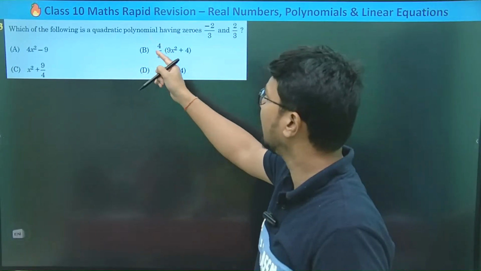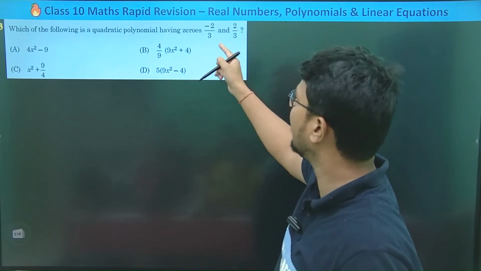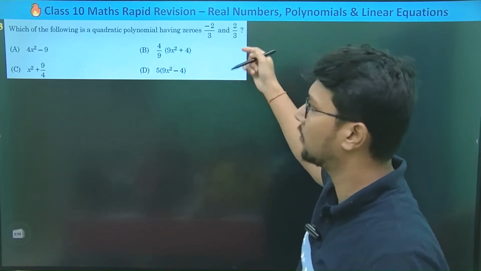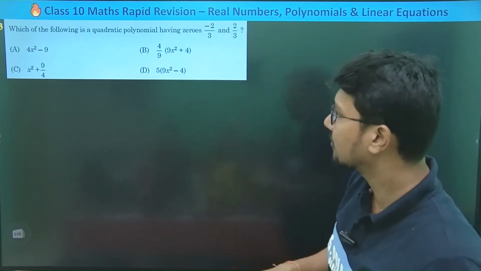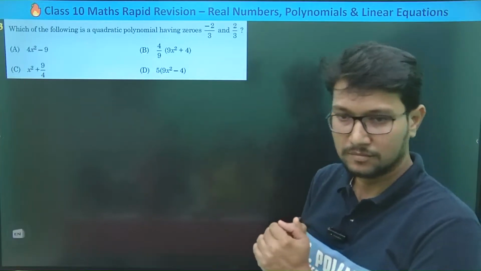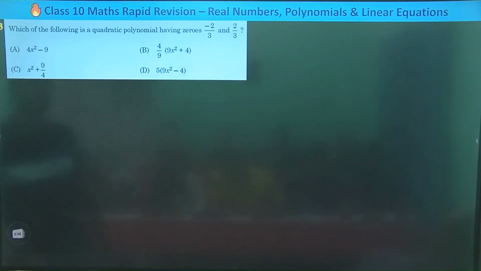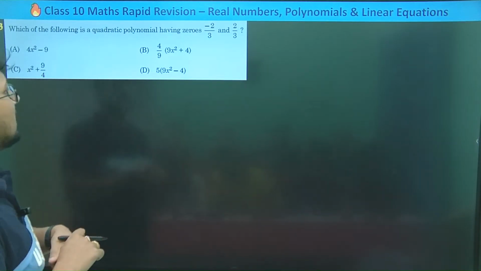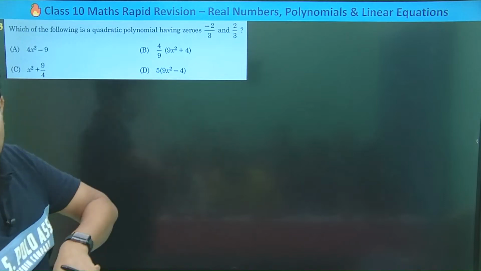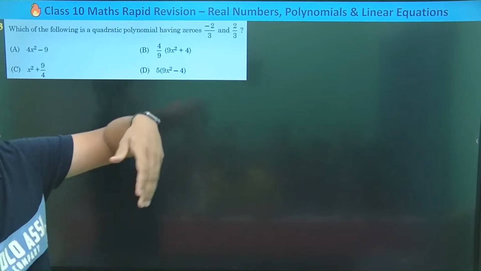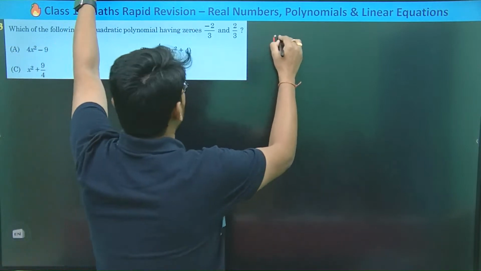Okay, let's go. Which of the following is a quadratic polynomial having zeros minus 2 by 3 and 2 by 3? It is a previous year question. Now I said about the quadratic polynomial, how to find it?